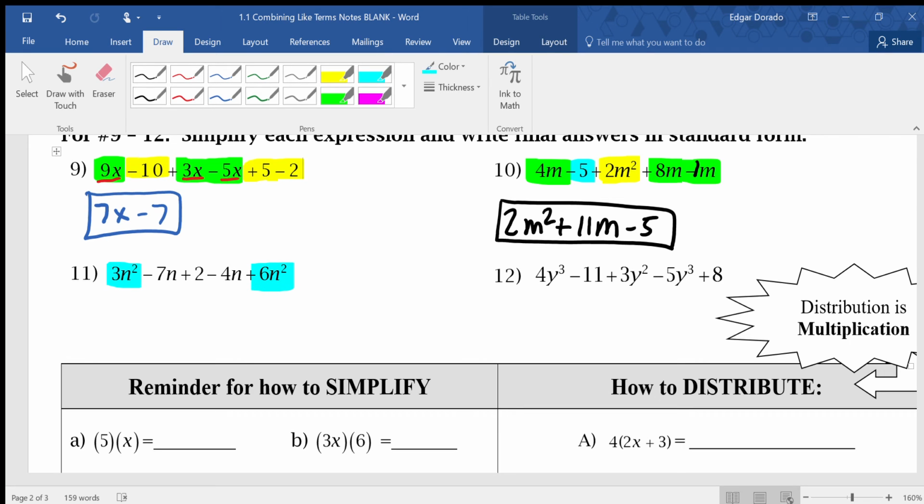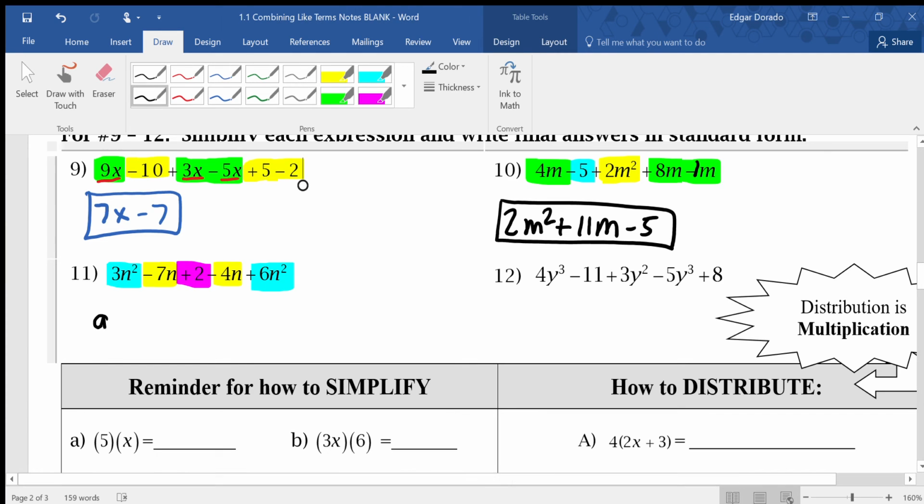All right. So, I see my first two terms there that are the highest, or that have the highest exponent. And I'm going in decreasing order because I want to write this in standard form. All right, so biggest one I see is the 3n squared plus 6n squared, so that's a 9n squared.